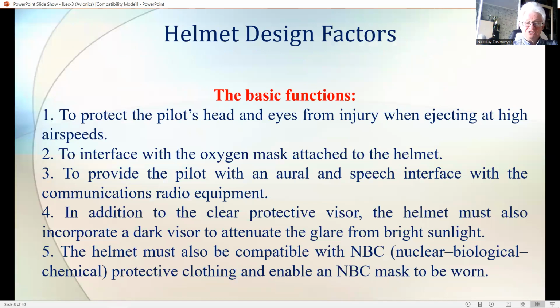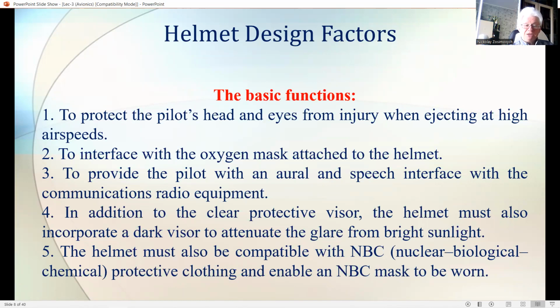The basic functions are, first, to protect the pilot's head and eyes from injury when ejected at high airspeed. For example, the visor must stay securely locked in the down position when subjected to the blast pressure experienced at an indicated airspeed of 650 knots.